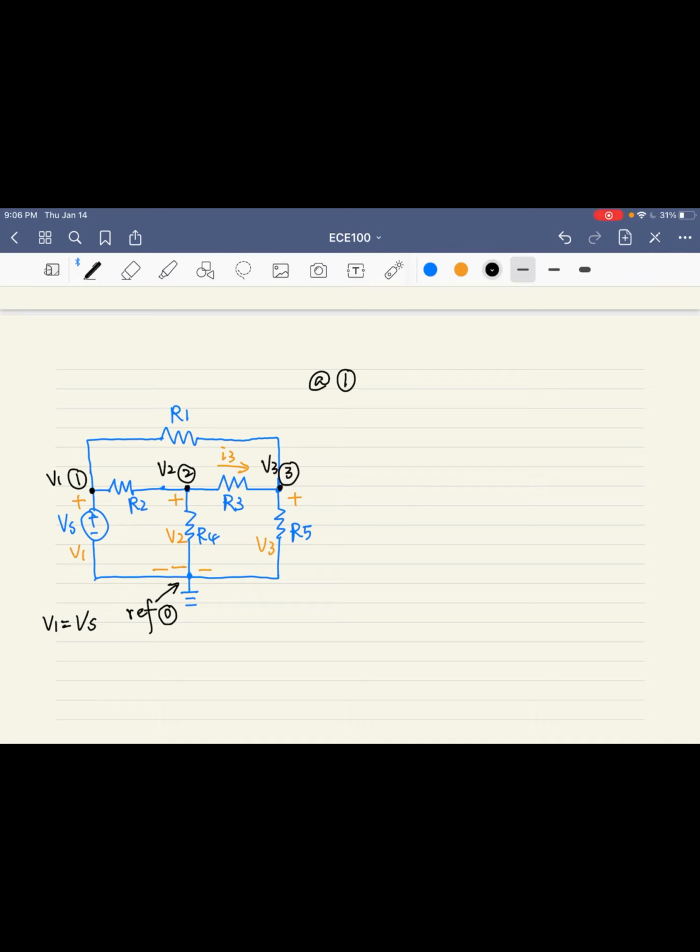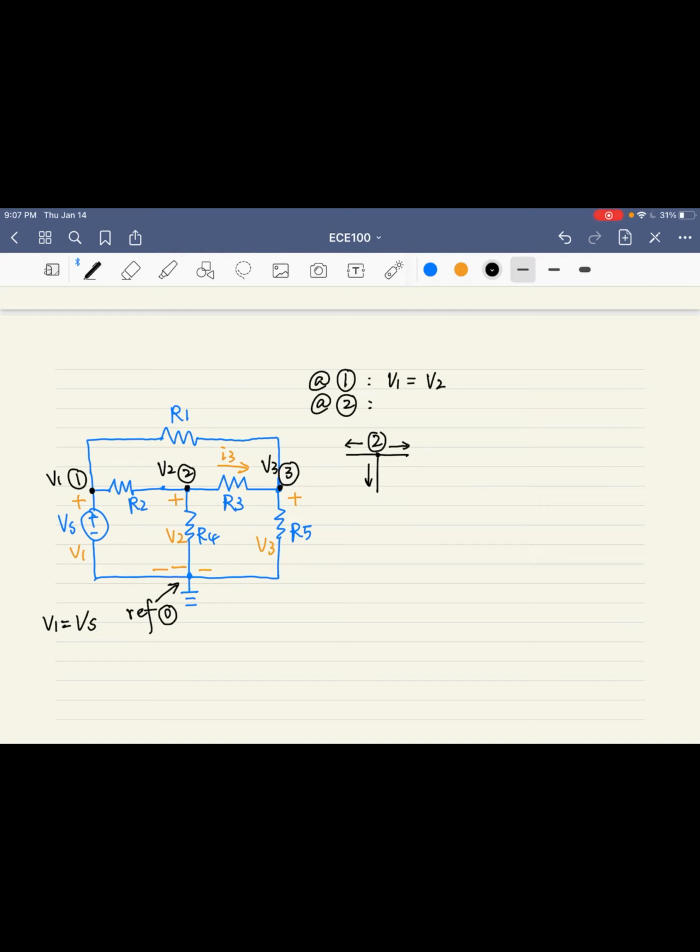At node 1, we can directly get V1 equals Vs, so no need to write down the KCL equation here. And at node 2, let's redraw node 2 to get a better understanding. Let's assume the reference directions are all going out of node 2, and the sum of them should be equal to 0.